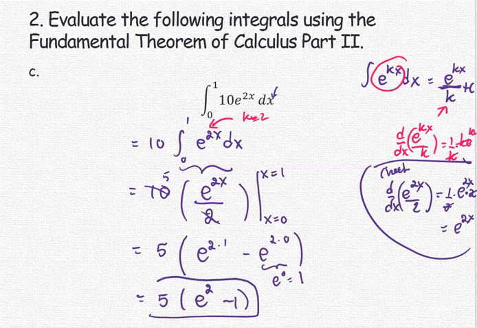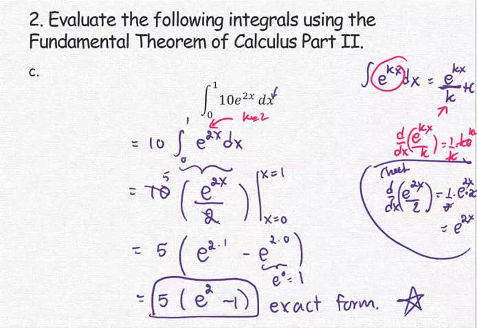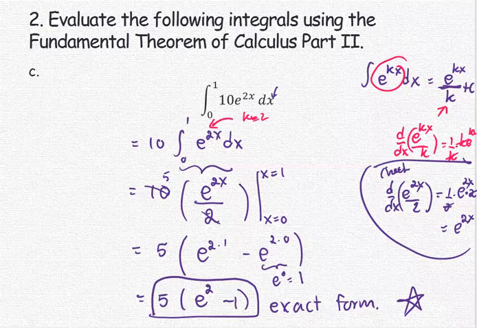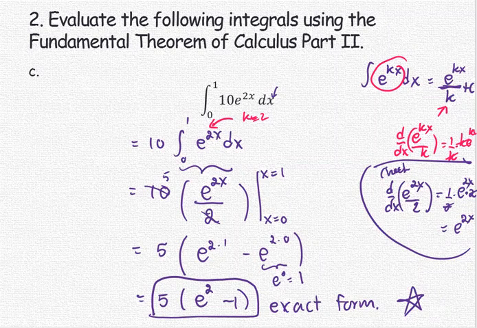And this is called the exact form of the solution. If the problem on MATLAB asks you to write the answer in exact form, this is what we are looking for. If you use a calculator that gives you the value out, you will get a decimal number that is not acceptable.